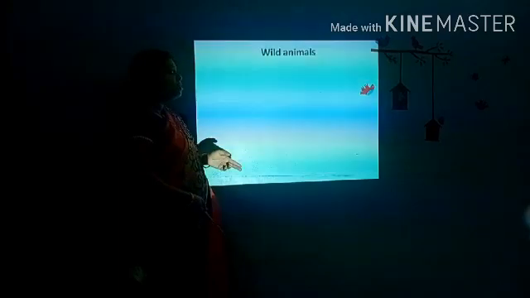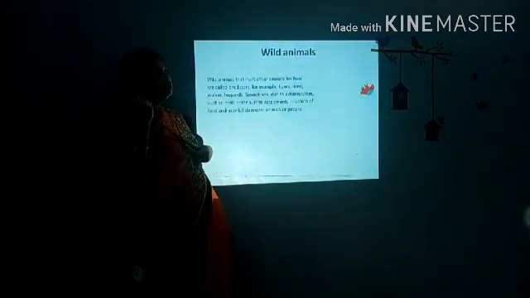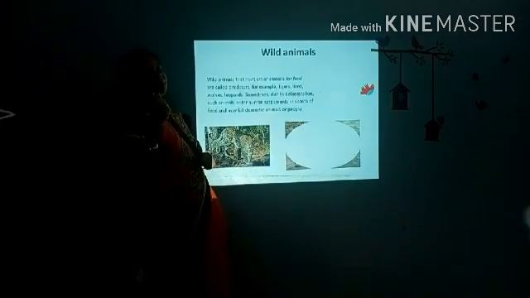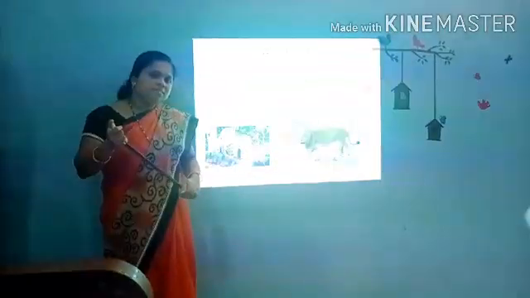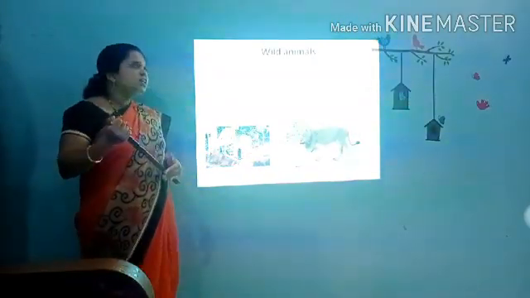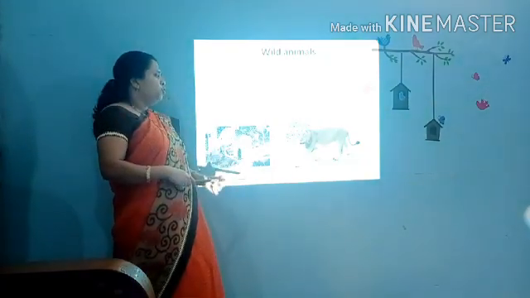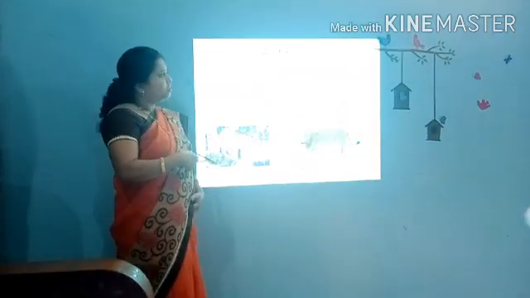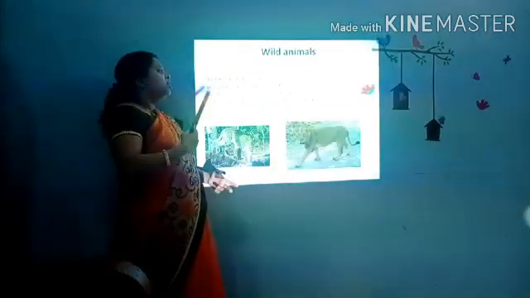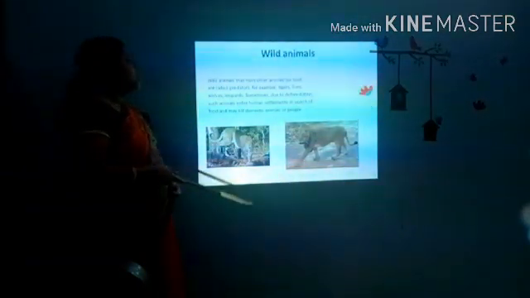Not only this, but we also have wild animals around us. Now what happens? Day by day the population increases. As the population is increasing, we are cutting forests. And due to deforestation, these animals do not have their homes. As they do not have their homes, where do they go? They come into our cities. And what do they do?